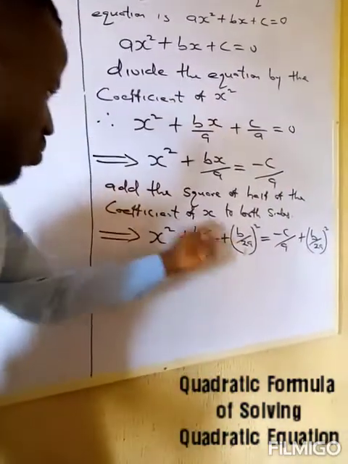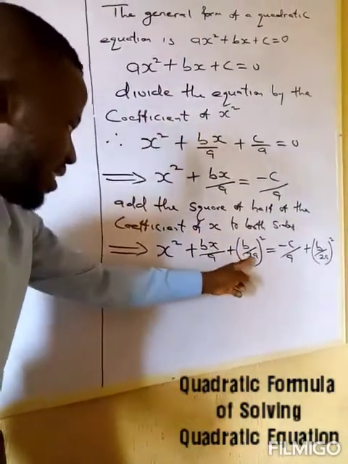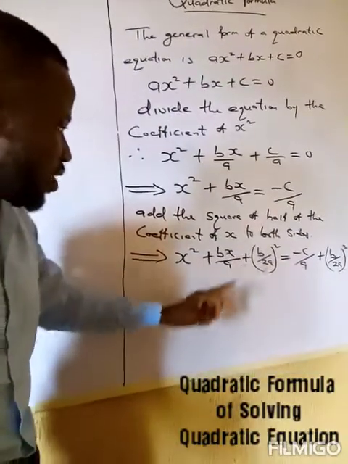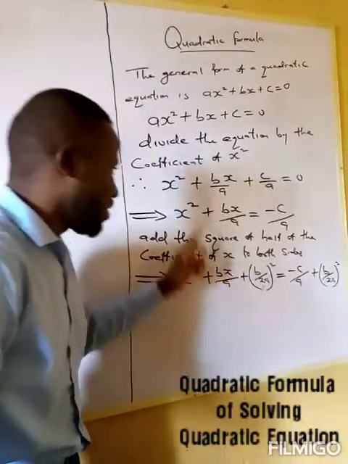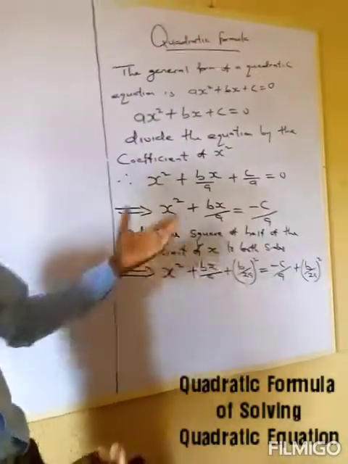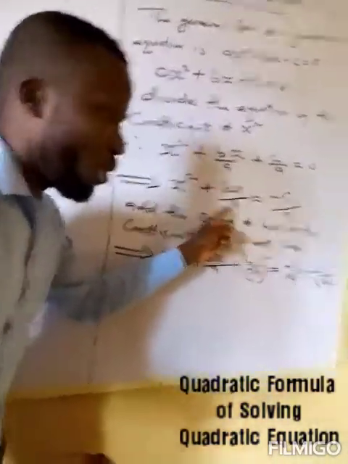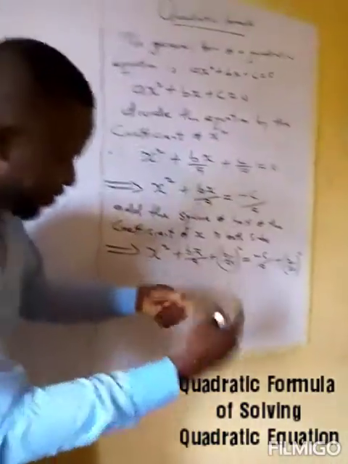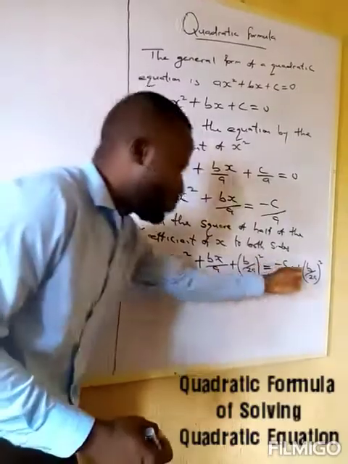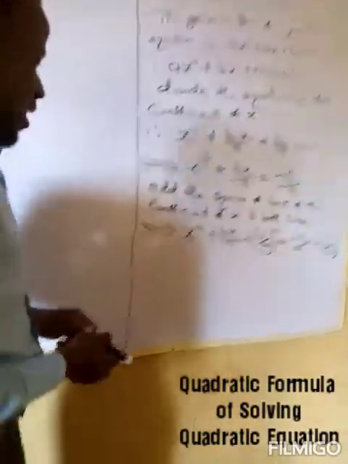Now, what I wrote here, this is the equation. I'm adding the square of half of the coefficient of s. What is the coefficient of s? The coefficient of s is b over a, and I'm adding the square of half of the coefficient of s to both sides.